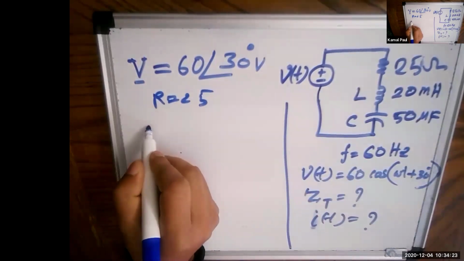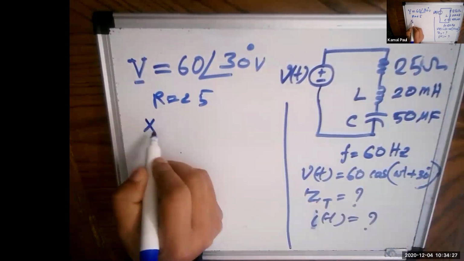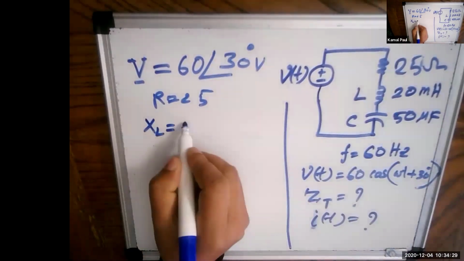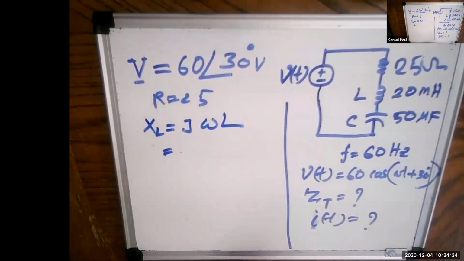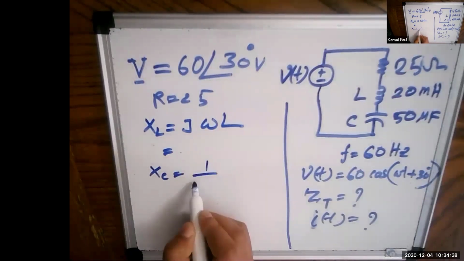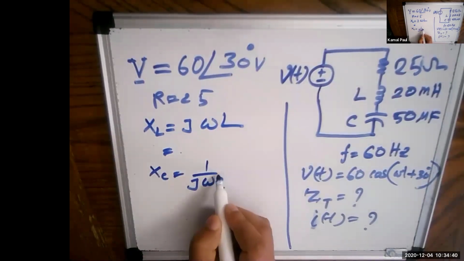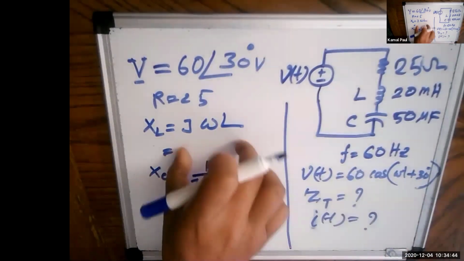Now we know that R equals 25 is already given, but we have to find out how much is the impedance for L. We call it XL. XL is equal to j omega L. XC equals 1 over j omega C. I think you can easily calculate this; I will not calculate it here.